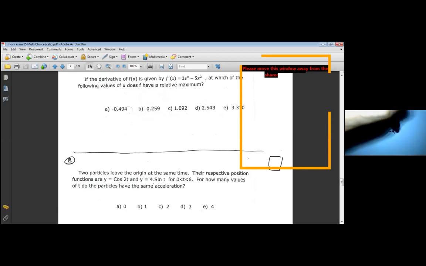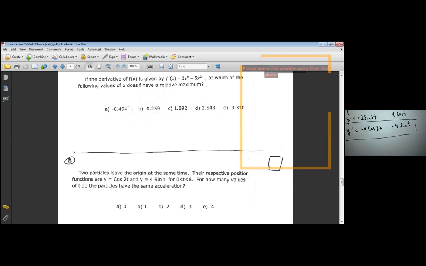So that's negative 4 sine t. I would want you guys to graph both of these individually and then see how many times they intersect. Take note that this is on the interval 0 to 6, so you should set your graph accordingly. Okay, pause for a minute and do that.